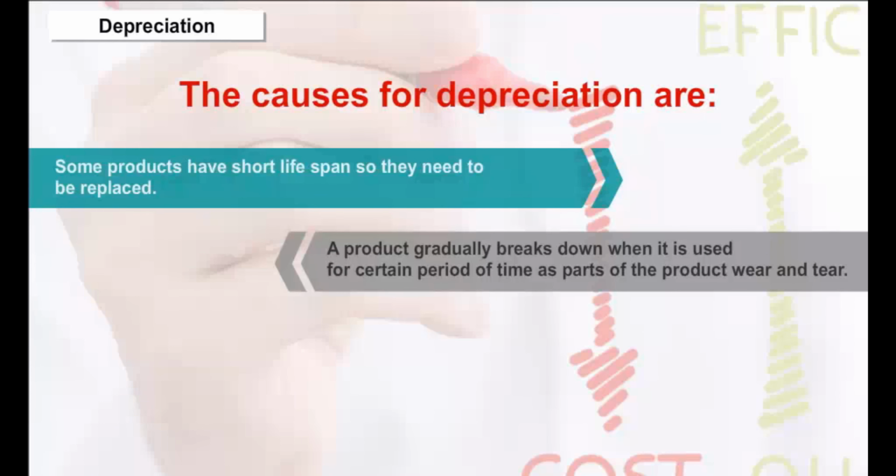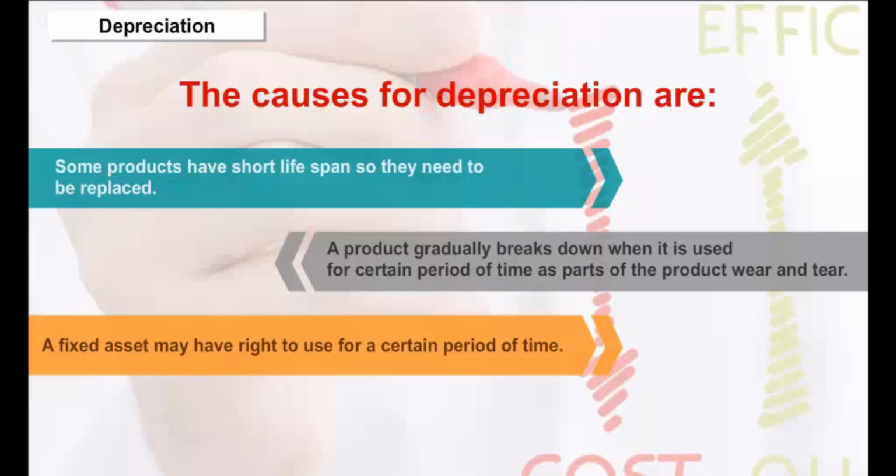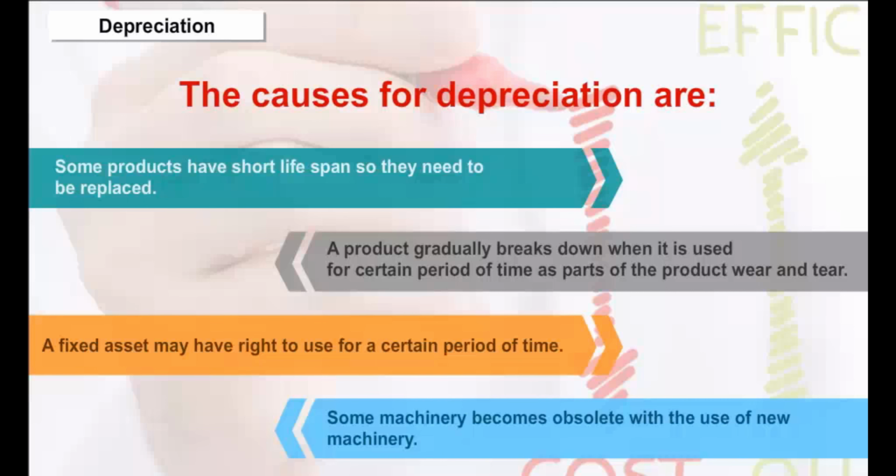A product gradually breaks down when it is used for a certain period of time as parts of the product wear and tear. A fixed asset may have right to use for a certain period of time. Some machinery becomes obsolete with the use of new machinery.